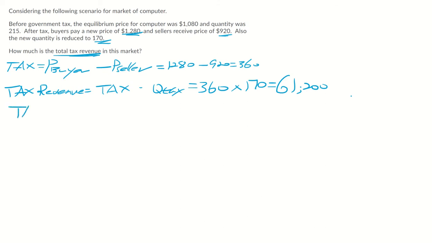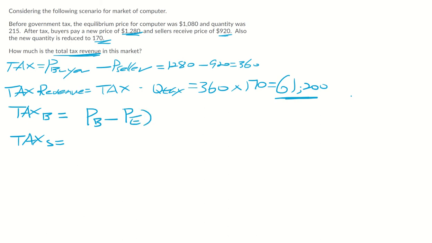Now the next two questions you might see: the system will ask you how much was the tax for the buyer, and how much was the seller tax. Any type of tax will be shared between buyers and sellers. So how much of the total tax of 61,200 will be paid by the buyer and how much will be paid by the seller? To find this, take what the buyer pays now, the new buyer price with tax, minus the old equilibrium price.